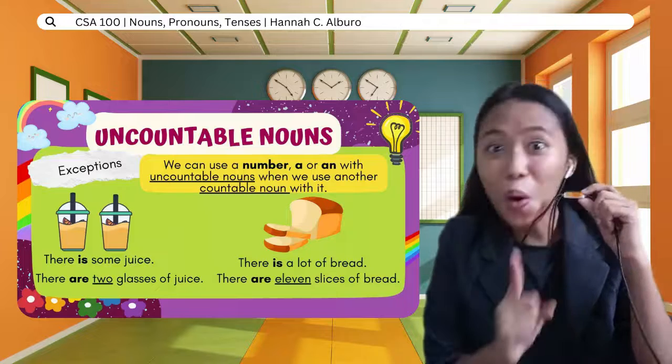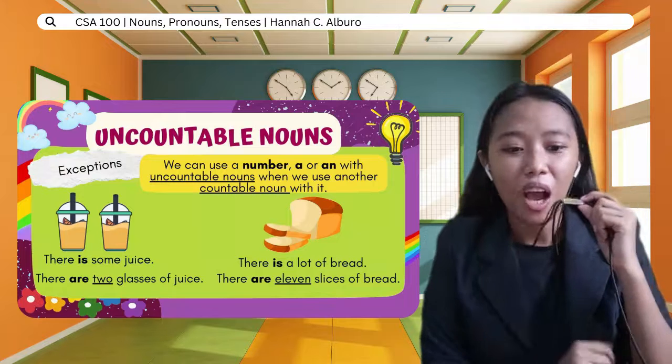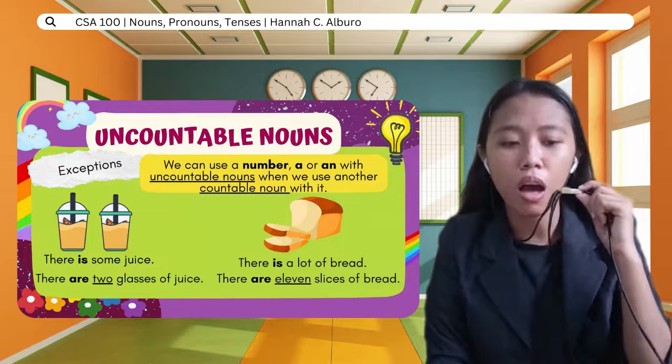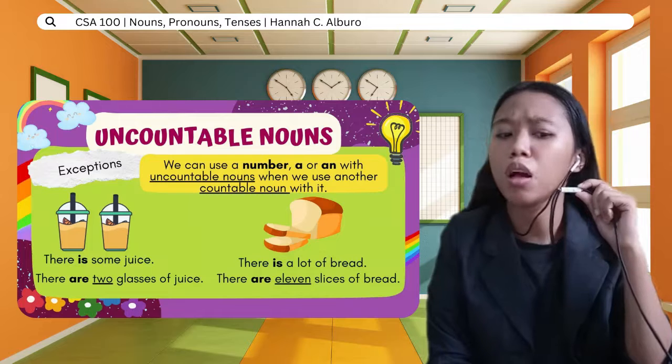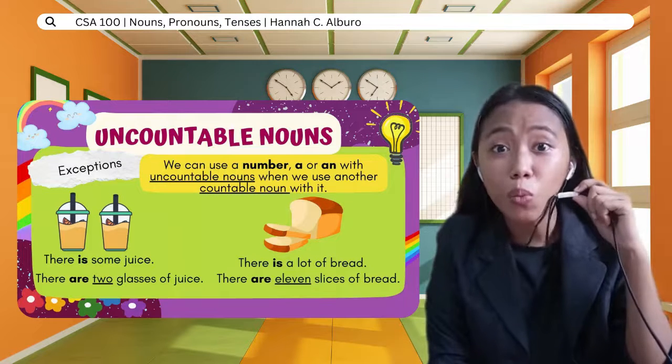Okay, so going back to the uncountable nouns. According to this, we can use a number or "an" with uncountable nouns when we use another countable noun with it.